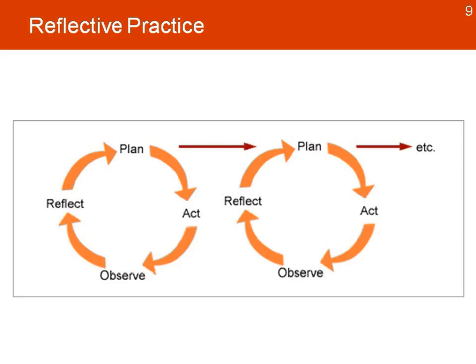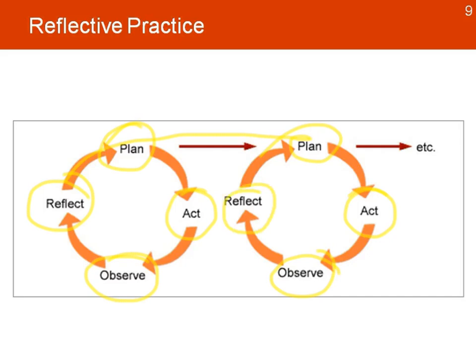The other one is that reflective practice is not something that happens once a year. We begin our plans, we do our actions, we observe, we reflect, and then we replan. And we go again to the next cycle, and then to the next cycle. This could be happening in periods depending on the size of the project, the complexity, the risk.